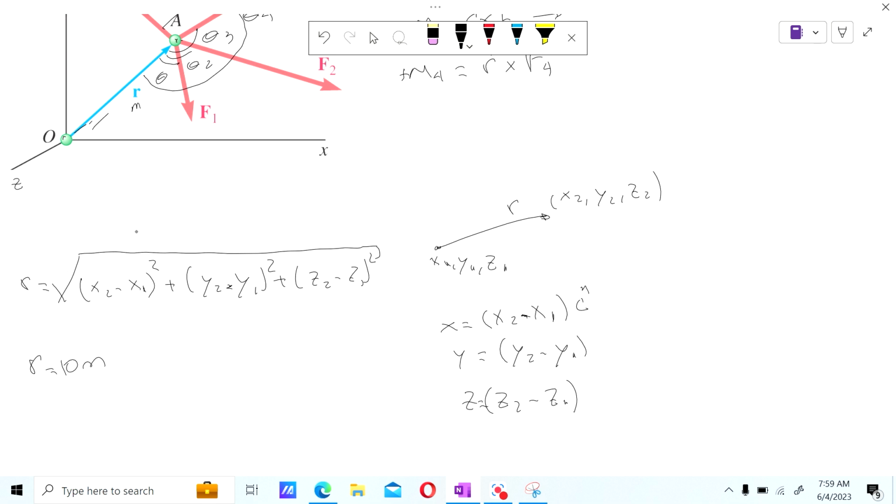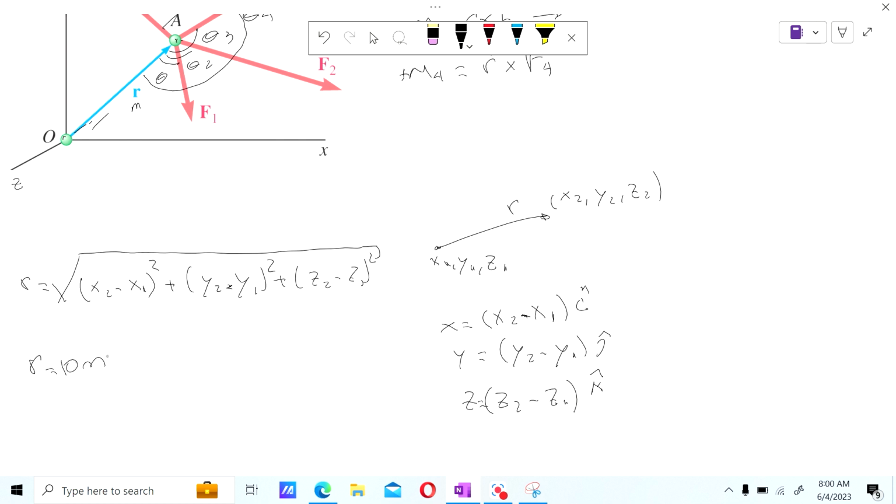That means that in x could be 3 and y could be 4 and in z could be 0, because 3 squared is 9 and 4 squared is 16. 16 plus 9 is 25. Square root of 25 is 5. So what I'm saying is that if they give you the components to get the moment with a vector notation, you need the components in i, j, or k. i means x, j means y, k means z. You need the components.